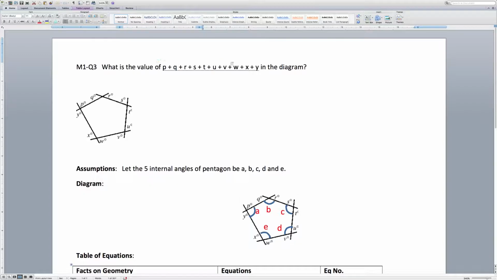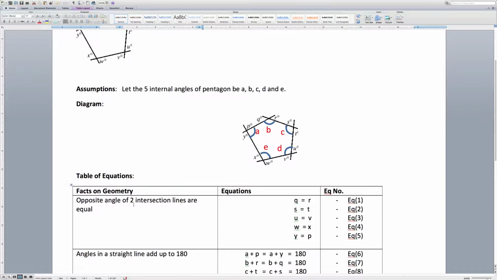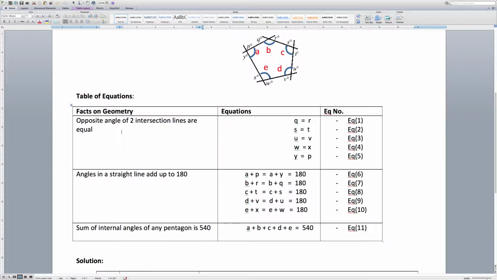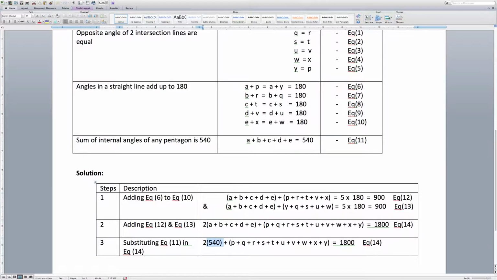It has got the objective, assumptions, diagrams, and all the equations marked. We are using the fundamental concepts, so it cannot be challenged, because you have derived this equation from a very, very unchallengeable mathematical concept. And then finally, when you come to the solution, you are taking a step-by-step fashion.